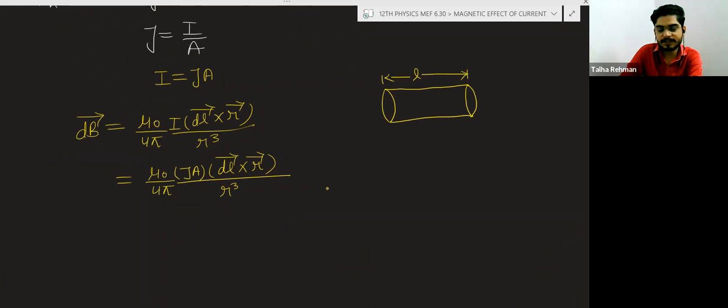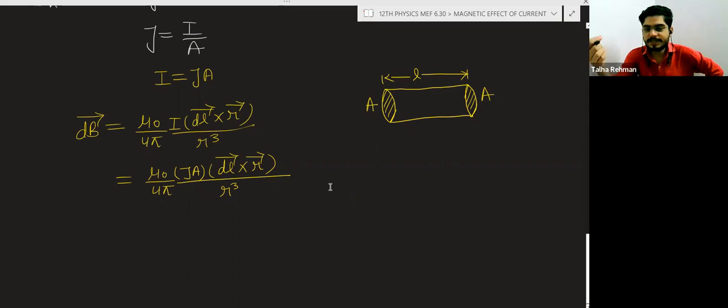The area of cross section of the cylinder always remains the same. If I want to calculate a small volume of the cylinder, I take a small length dl of the cylinder.